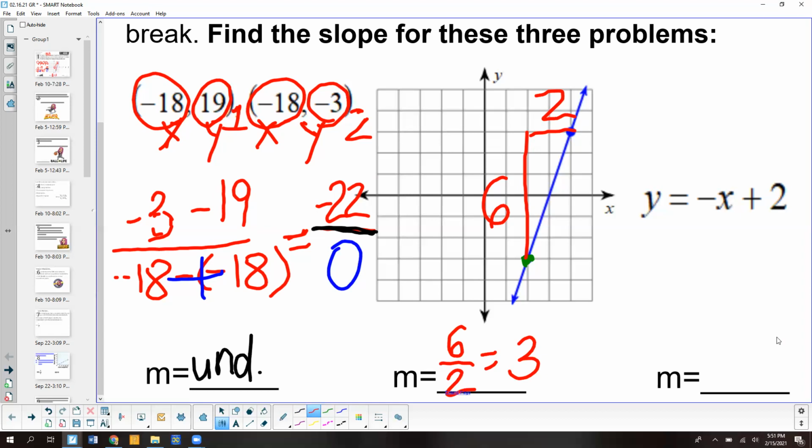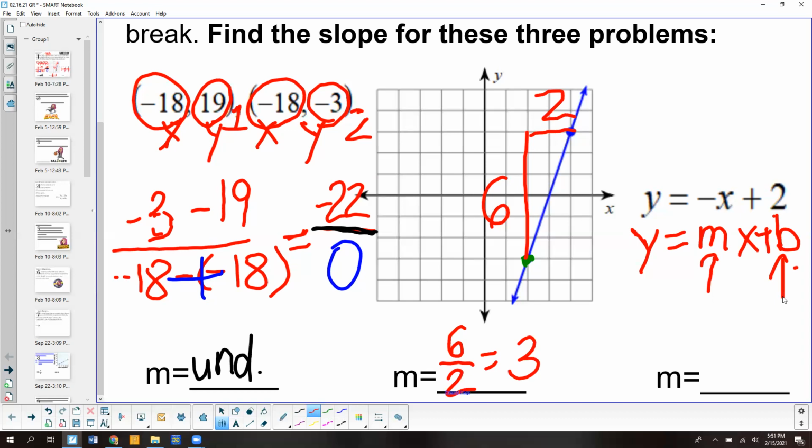All right, finally, we would just want to pull out the slope from this problem. Y equals -x plus 2. This one's not as hard as you might think it is. Remember, if we've got y equals mx plus b, that's the formula that we've been following. M right here represents our slope, b represents our y-intercept.